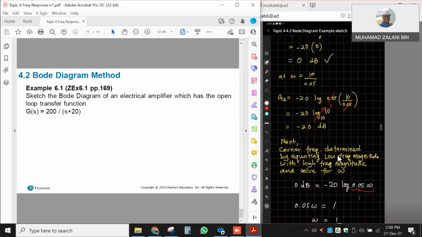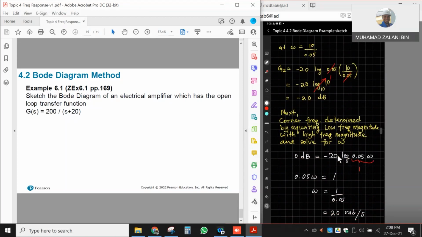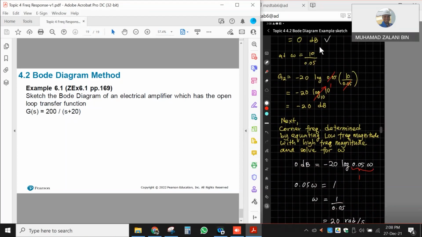Next, calculate omega equals to 10 over 0.05, another decade. We start with 1, then 10, and then 100, and then 1,000, and so on.